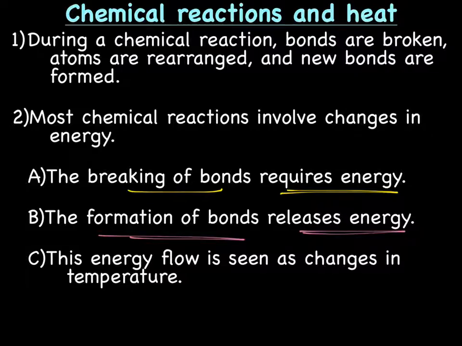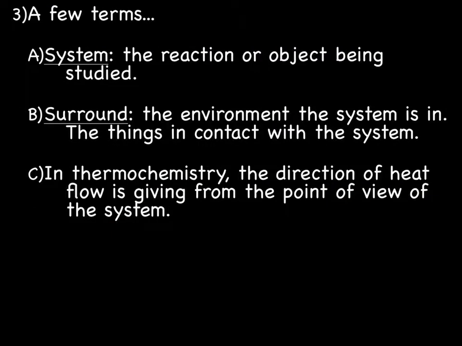Okay, a few terms. We've got something called the system. The system is the thing that we're studying, what we're actually interested in. And the surround is the environment the system is in, and the things that come in contact with the system. So for example, if we were doing a reaction in a reaction dish, the reactants that we put in the dish would be our system, and the reaction dish would be our surround.